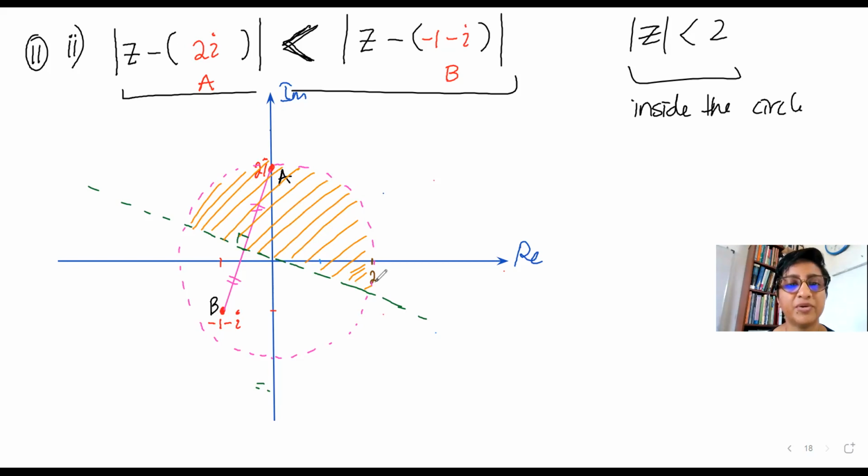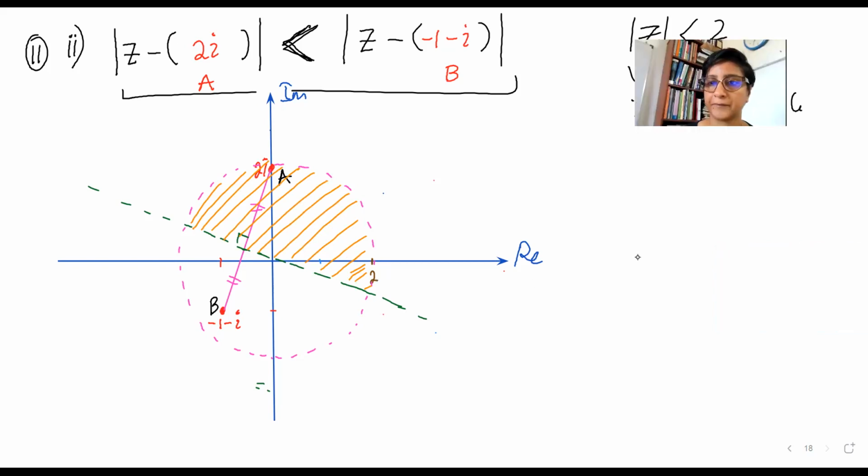Understood, everyone? Is this clear? Now for the next one, we'll go to the next one.